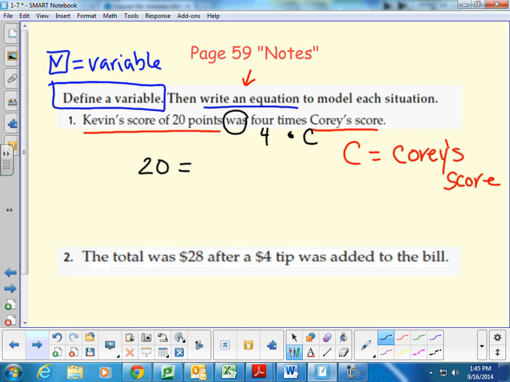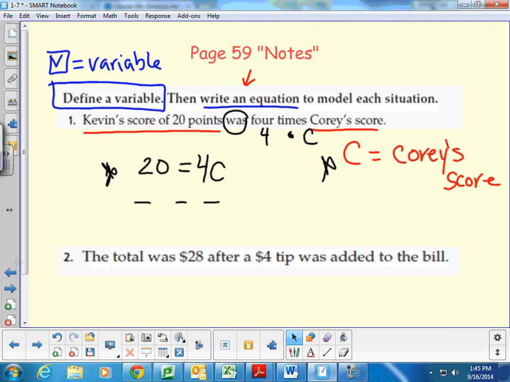So a way to write this is that 20 was 4 times Corey's score. And I just like to reread this. 20 is 4 times Corey's score. If I reread what I write, and it matches what the original sentence said, then I know I'm in good shape. So I defined my variable, and I wrote my equation.